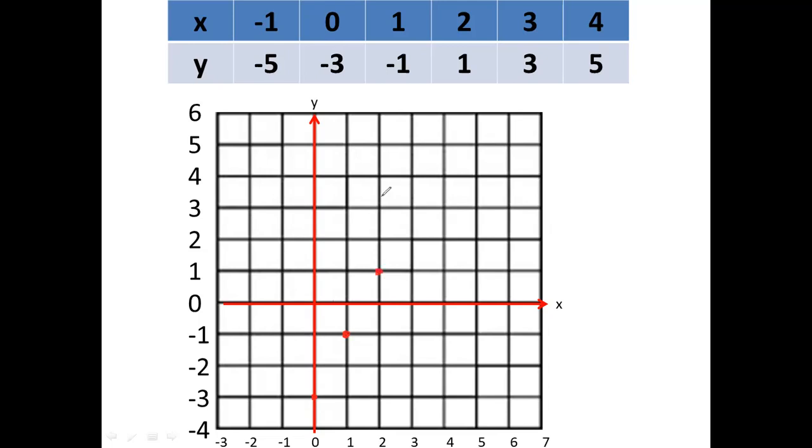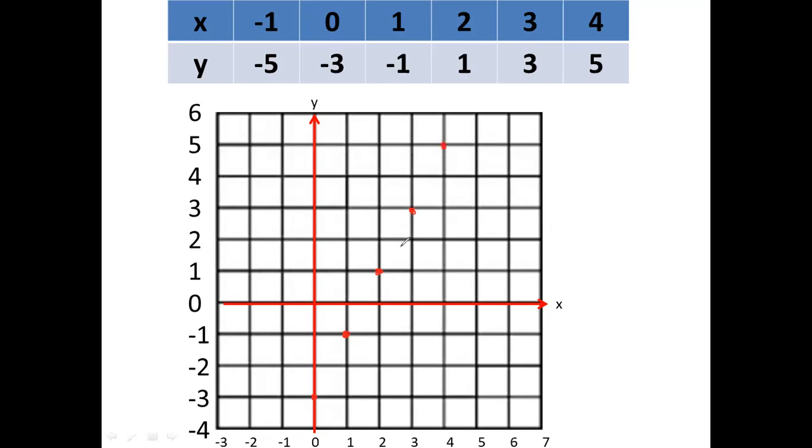And when your x is 3, y is 3. So 1, 2, 3, y is 3. And when your x is 4, y is 5. So 1, 2, 3, 4 for x, and 1, 2, 3, 4, 5, so your y is 5.